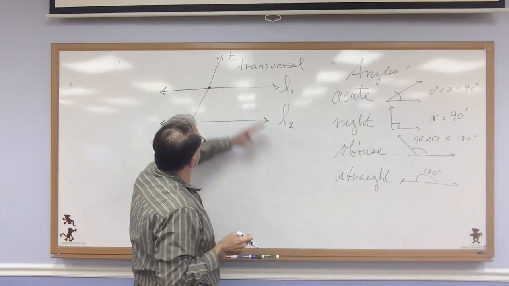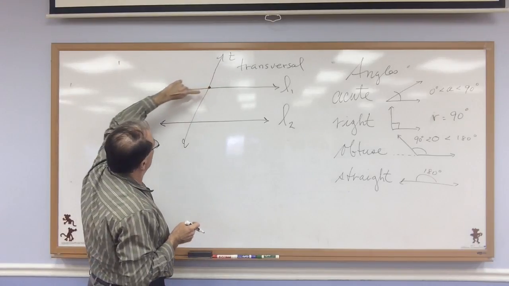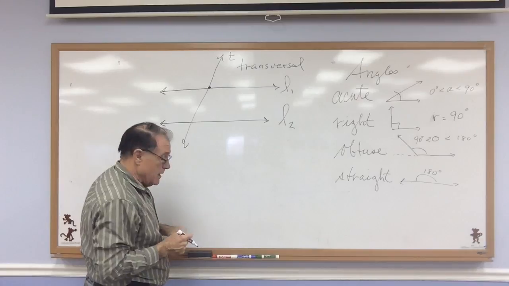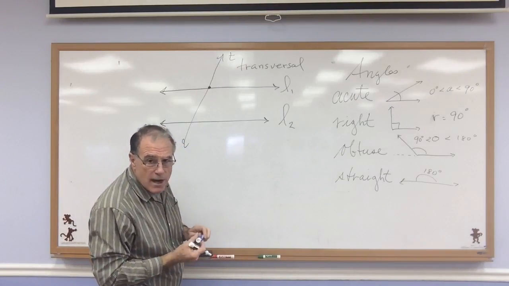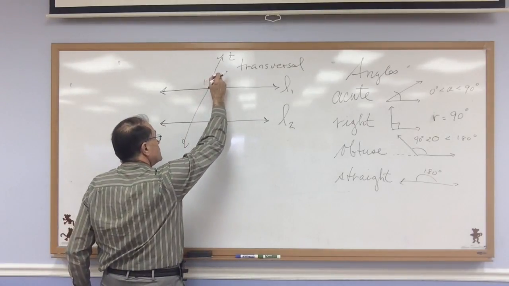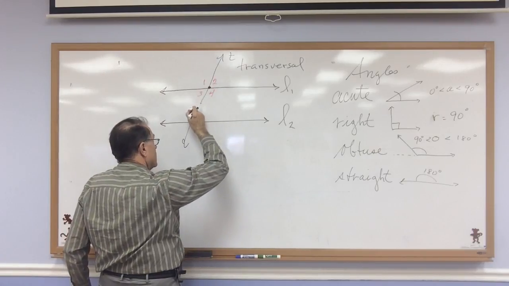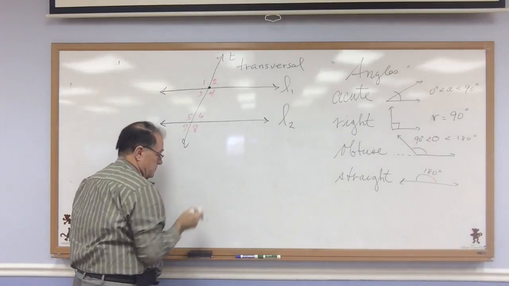Now you can see that when I drew this transversal, I have 1, 2, 3, 4, 5, 6, 7, 8 angles in this diagram. I'm going to number those angles. So 1, 2, 3, 4, 5, 6, 7, and 8.